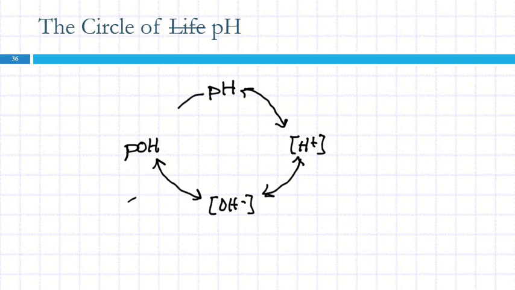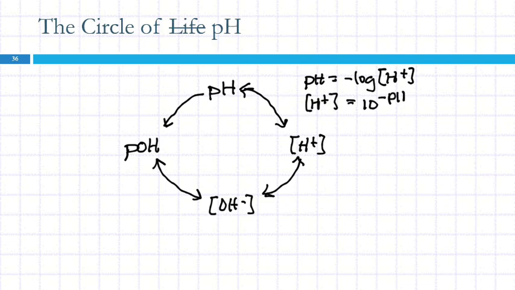Well, it's looking a little more like an oval of life, but you get the idea. So we can convert between pH and H+. We know that pH is negative log of H+, or going the other way, H+ is 10 to the minus pH.